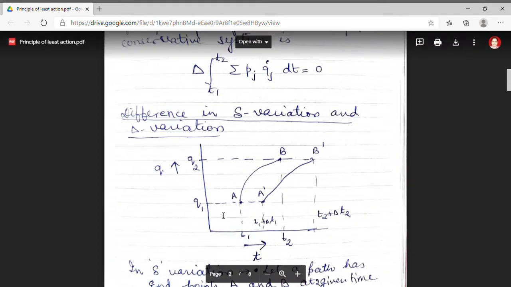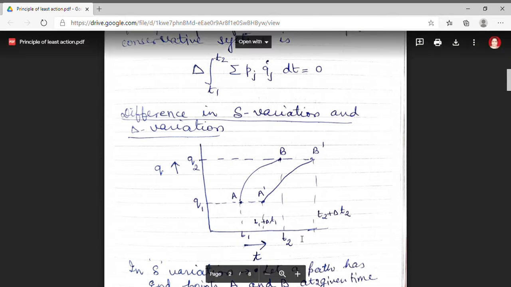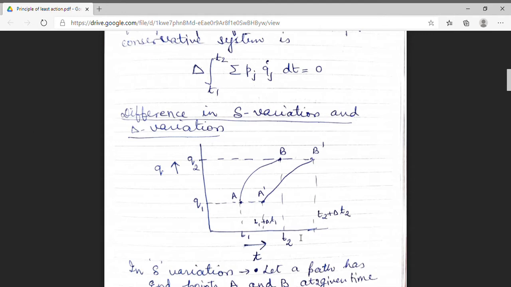Here I have drawn a graph between coordinate and time. Time is taken on the x-axis and coordinate q is plotted on the y-axis. If I am taking a path AB, the initial and final endpoints are Q1 and Q2. I can take another path, A dash and B dash. For the A to B path, the time of travel is T2 minus T1. And for this different path, the time of travel can vary.